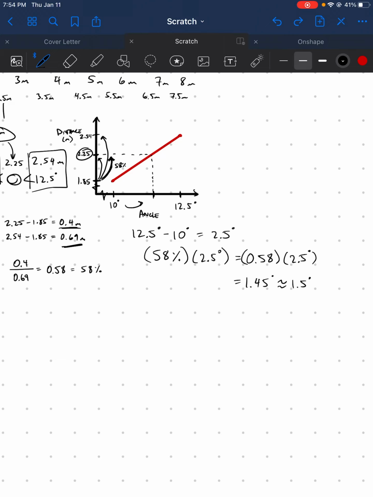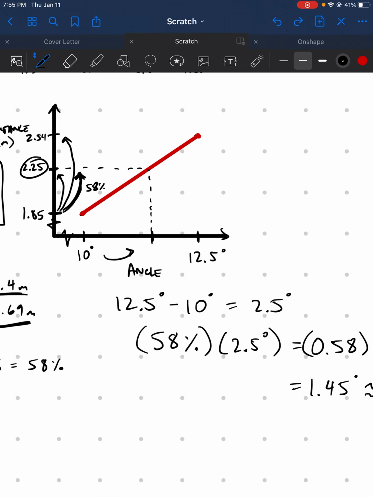So 1.5 is pretty close to 1.45 anyway. Note that 1.5 doesn't give you 2.25. It's just 1.5 in addition to this 10 degrees.